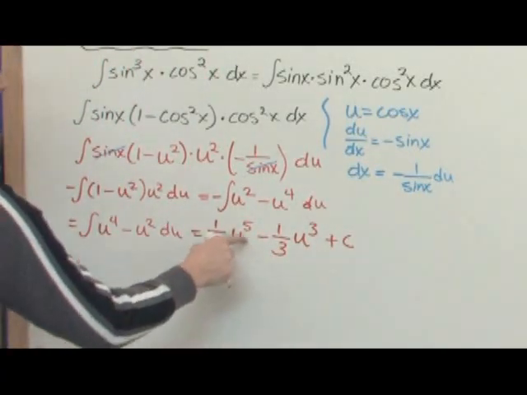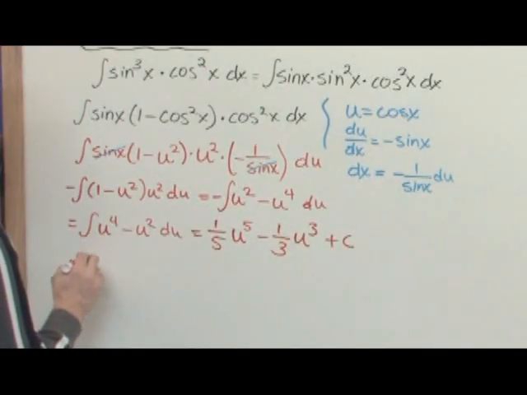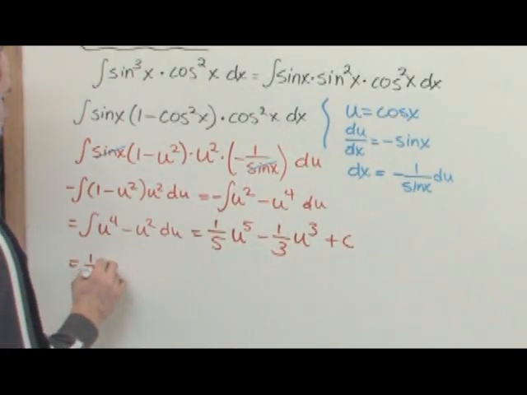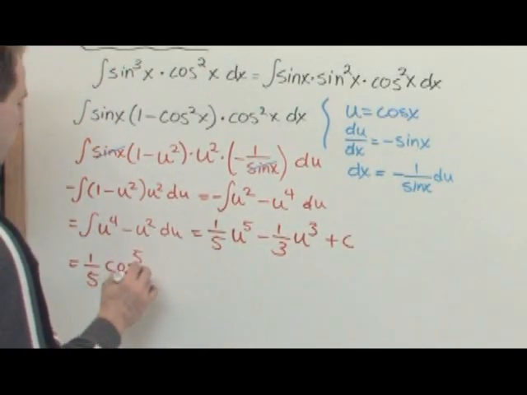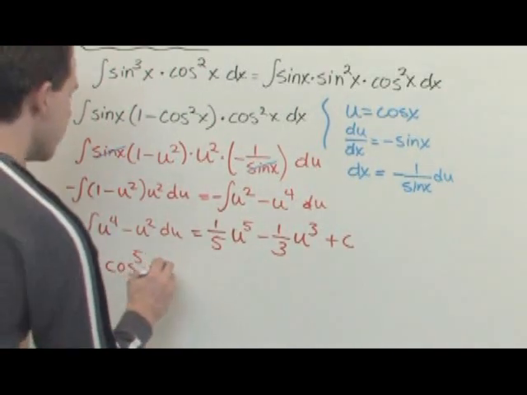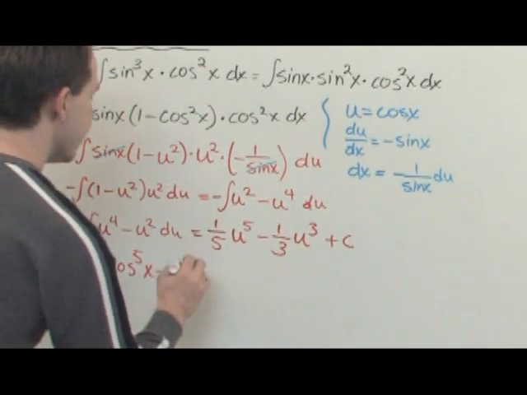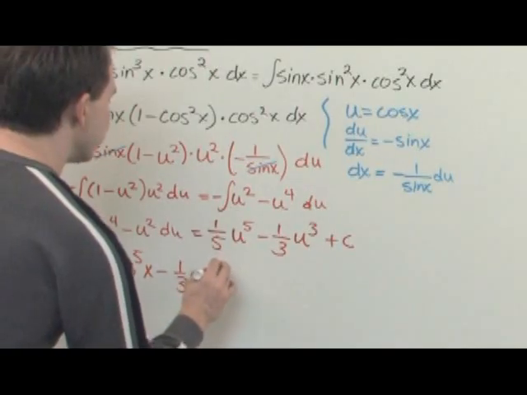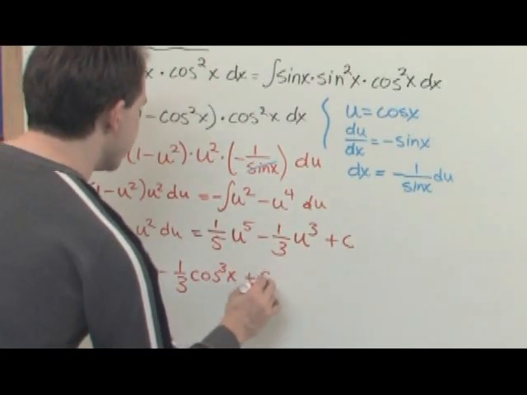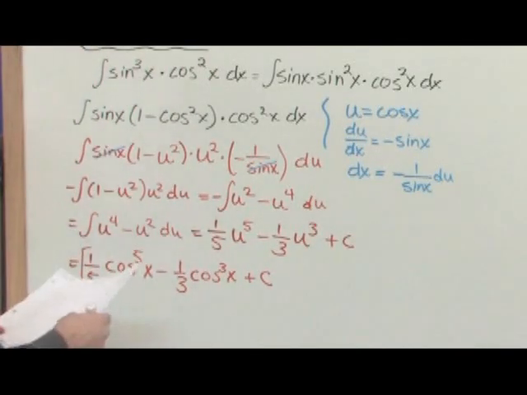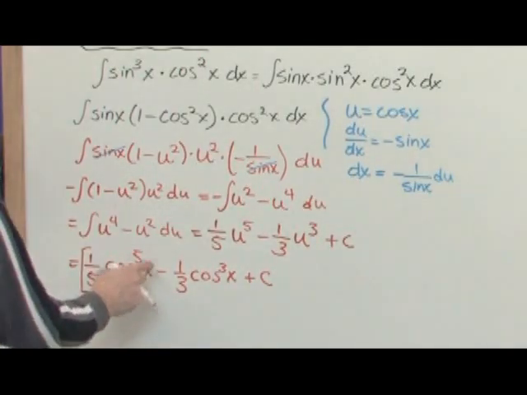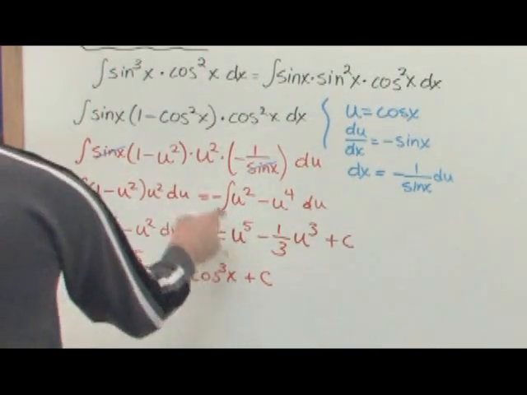And now I just plug in my definition of u, which is going to be 1/5 times cosine to the 5th power of x minus 1/3 times cosine to the 3rd power of x plus a constant, and that is the answer. 1/5 times cosine x to the 5th power minus 1/3 cosine x to the 3rd power plus a constant.